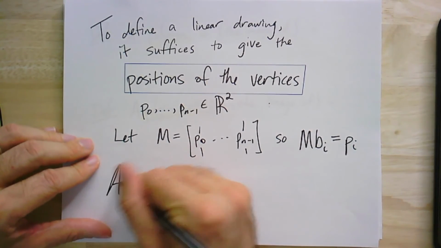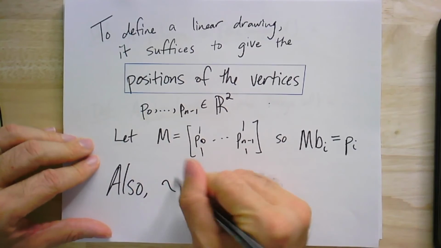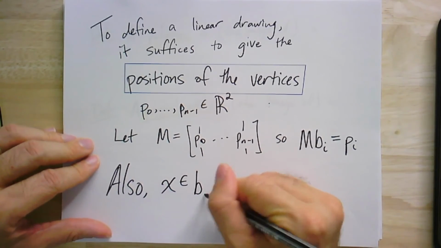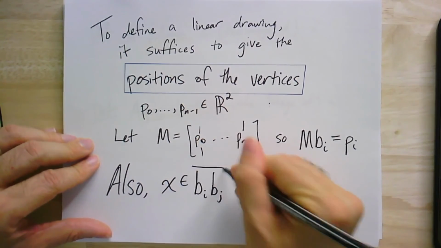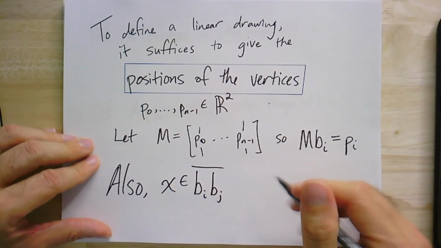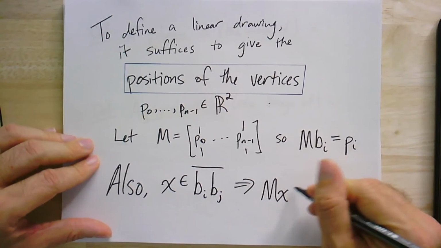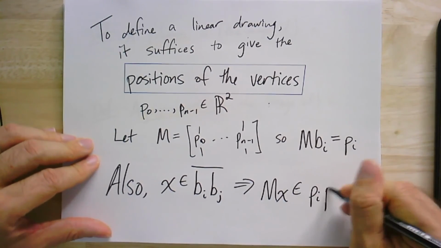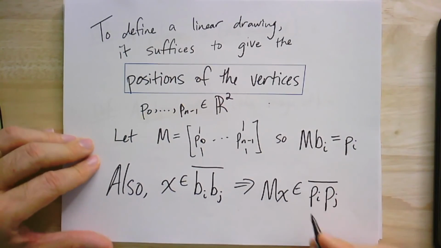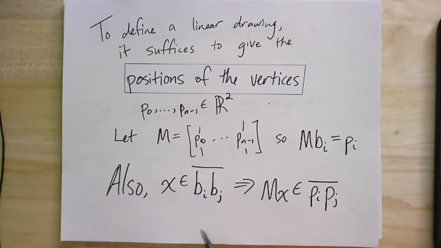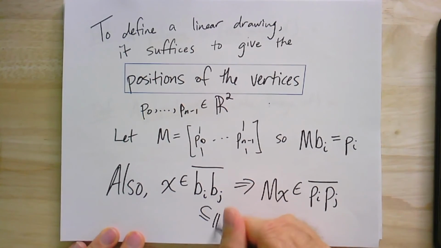And now from this also, we know that if x is in this line segment b_i, b_j, up in R^n, then Mx is going to map to the line segment p_i, p_j, down in R^2. So again, this is a subset of R^n.